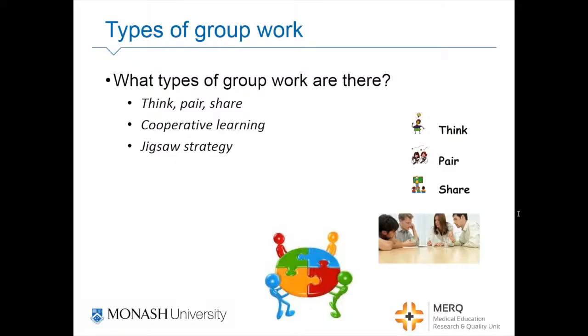The example that I use with jigsaw strategies is if we were teaching risk of bias, we would divide people into 4 groups, and then each group would specifically work on one aspect of risk of bias. So it might be one group looking at attrition bias, one group looking at selection bias, another group looking at detection bias, etc. They work on that and identify their relevant bias, and then you pick a group member from each of the 4 groups to form another group.